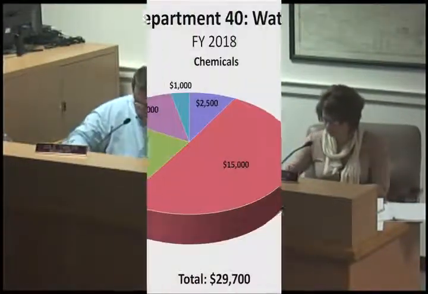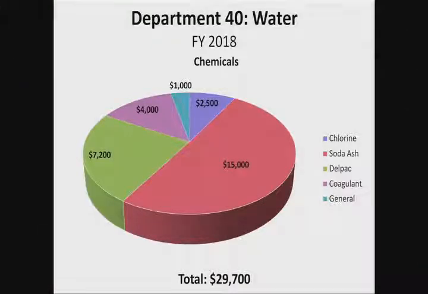Okay. Next line item we want to point out is account 6150 for chemicals. This account is actually going down from last year's budget. Last year's budget was 42,500. This year it's 29,700.